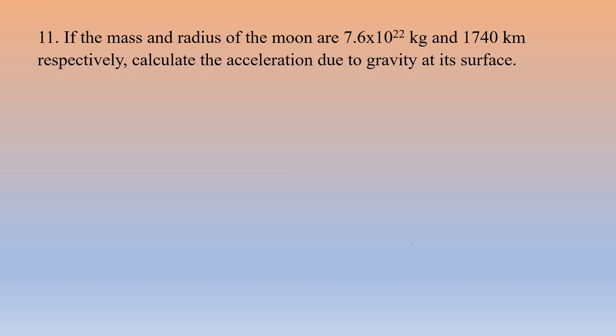Next one, if the mass and radius of the moon are 7.6 into 10 raised to 22 kilogram and 1740 kilometer respectively, calculate the acceleration due to gravity at the surface. So we have the formula. The expression for small g is equal to capital G m divided by r square.